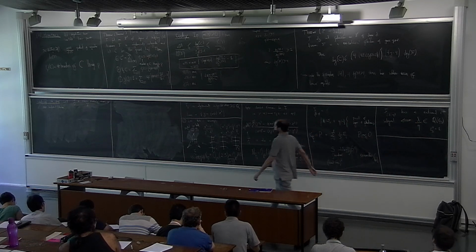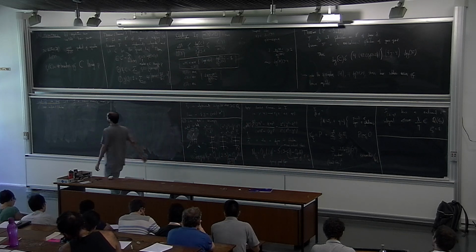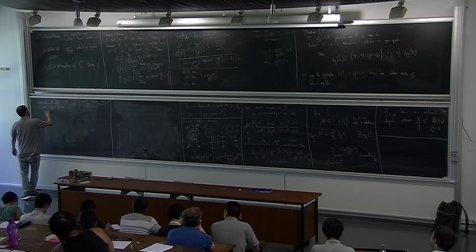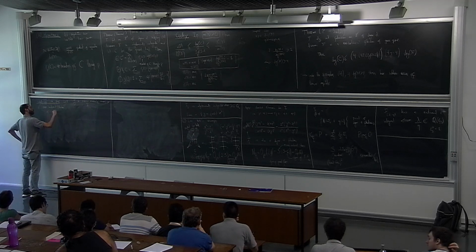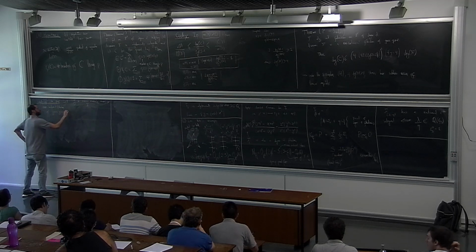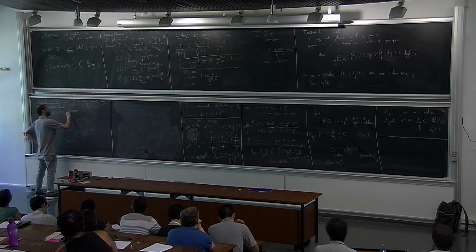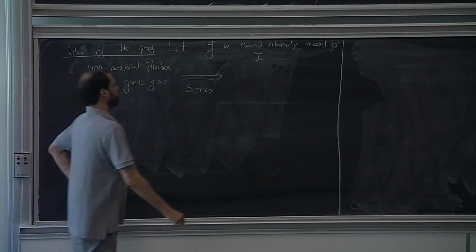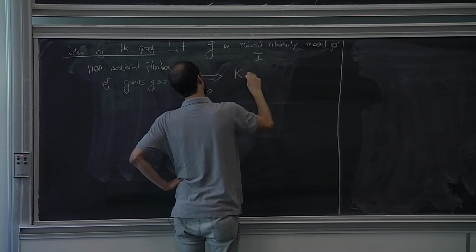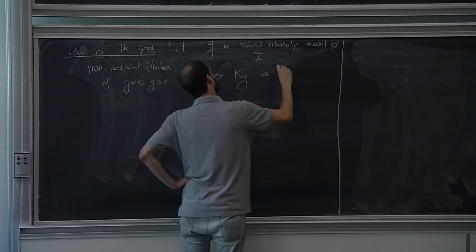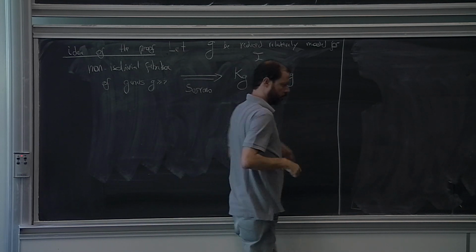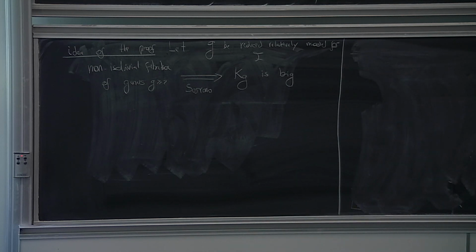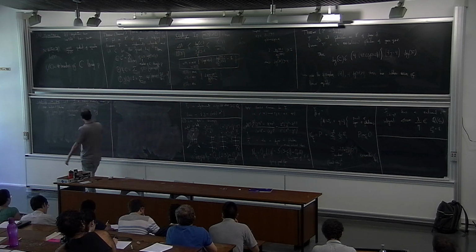And so let G be like that. And so if we are in the situation that we have a non-isotrivial fibration of genus at least 2, then I think this is a theorem due to Serrano, perhaps, then we have that K_G is big. So the sections of powers of K_G grow quadratically in the power.